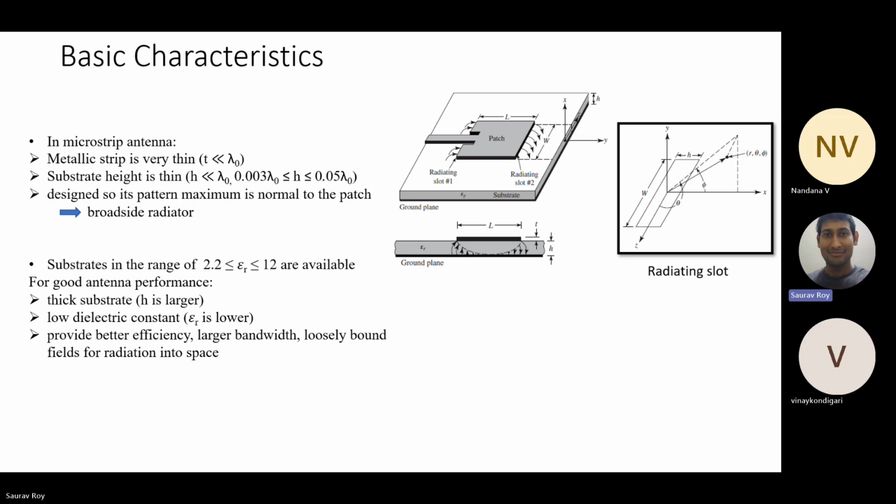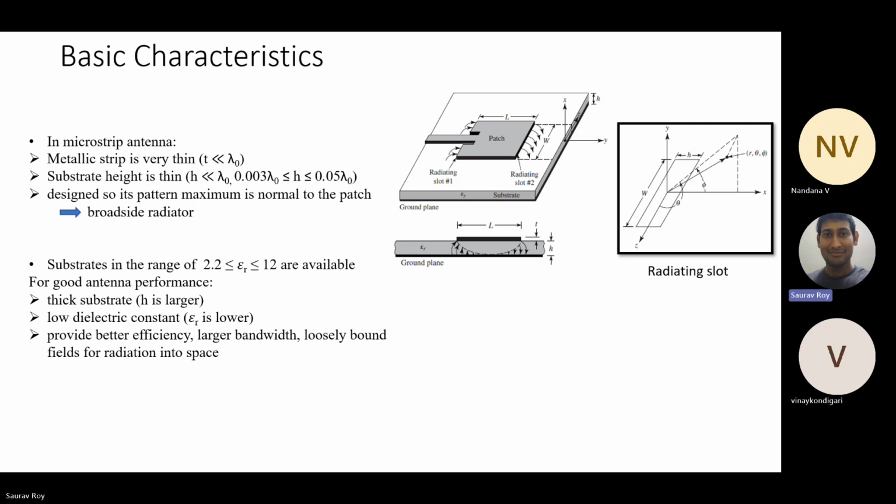If you take a metallic cross section of the patch, that is only one slot. What would be the dimensions of this? It would be W into H, right? Because W is the patch width, and H is the thickness of our dielectric substrate.